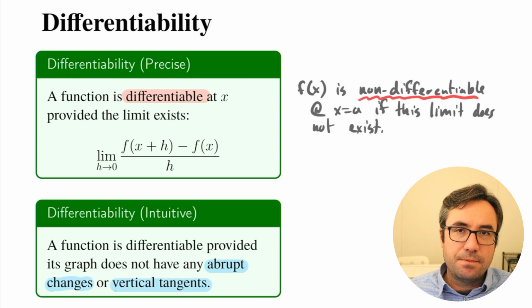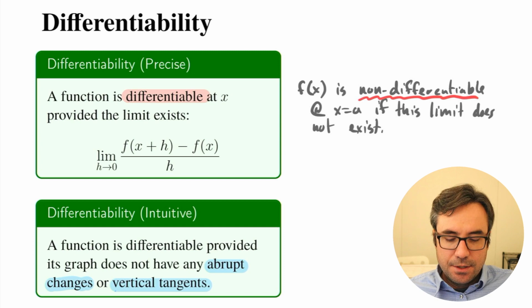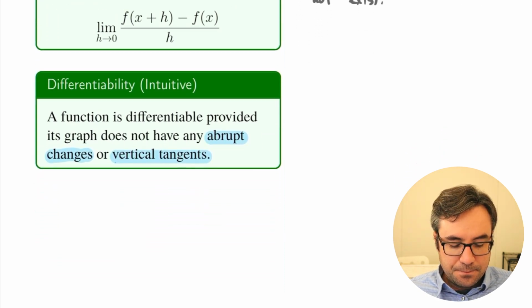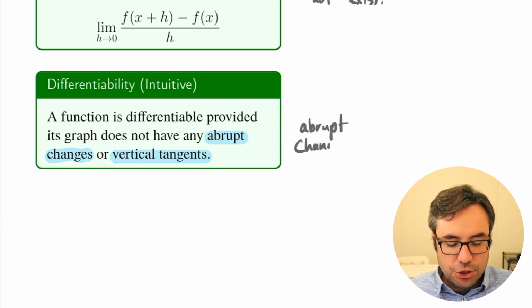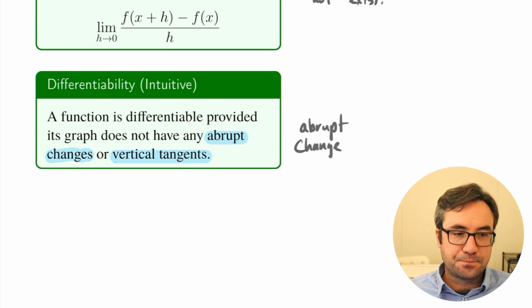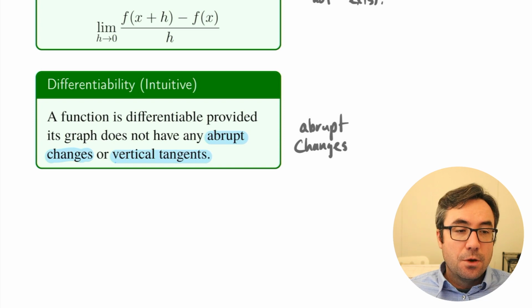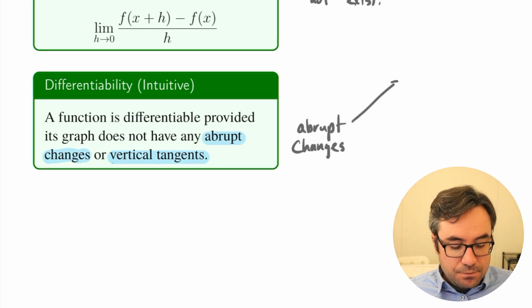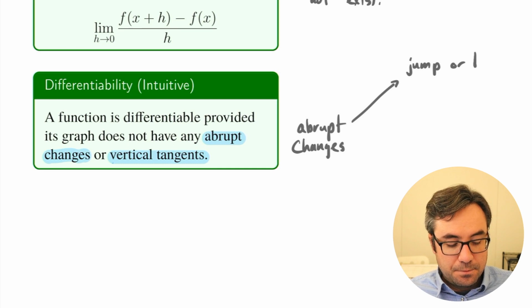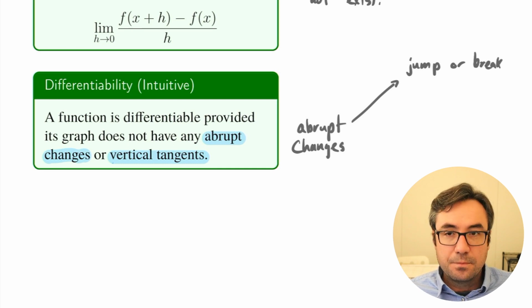And we're going to see what we mean by this. So for an abrupt change, or if you want to think of it like a sudden change in the slope, what can we have? Well, we can have just a jump or a break in the graph.